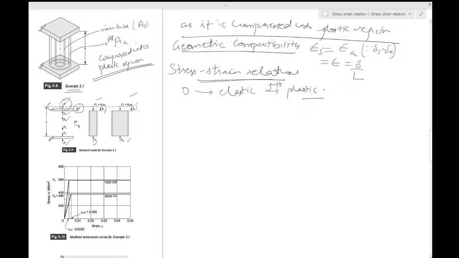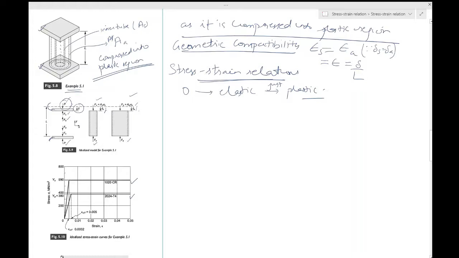So this is shown in figure 5.20, these idealizations. This is for the steel, this is for the aluminum.